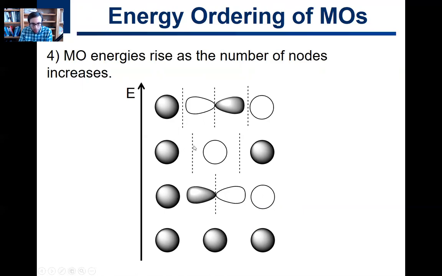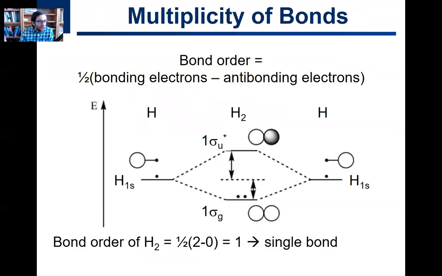But you can see, how would you order these? You would just look at number of nodes. And so a node is anywhere the sign changes. Bottom one has no nodes, the top one has 3 nodes, and the more nodes you have, the higher the energy. Basically, you have more anti-bonding interactions when you have more nodes.